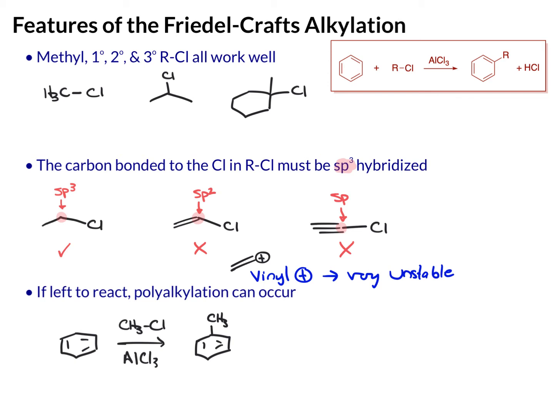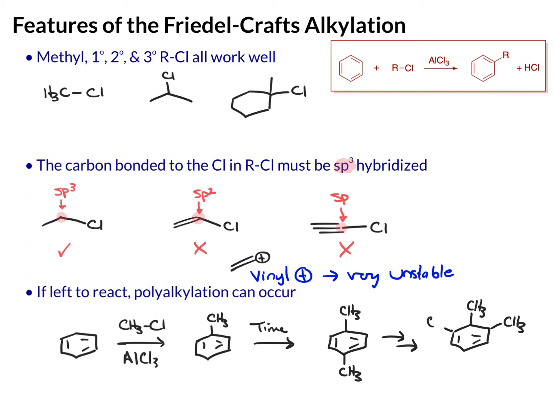But if you allow the reaction to keep going, over time you're going to end up getting additional products. We can end up putting a second methyl group right here. Or if you continued to let this react, you could eventually get several methyl groups on the ring. So if you want multiple groups on the ring, you can just let the reaction go for an extended period of time. But if you want to stop it with just one, that is possible.